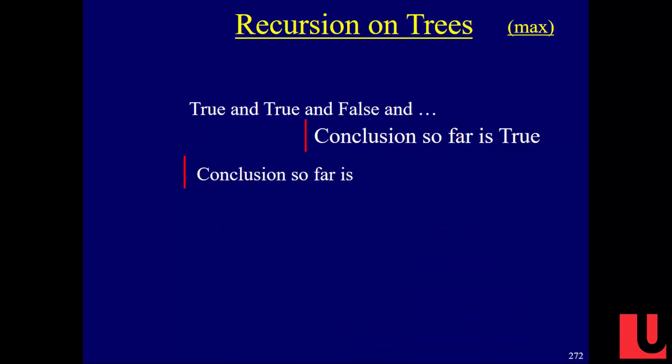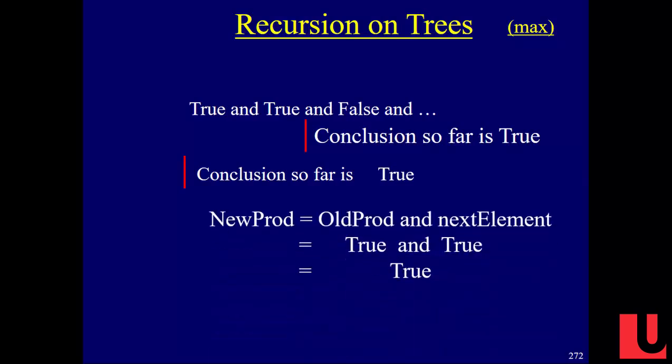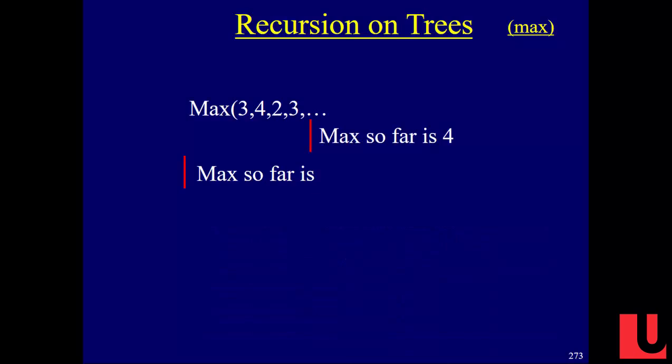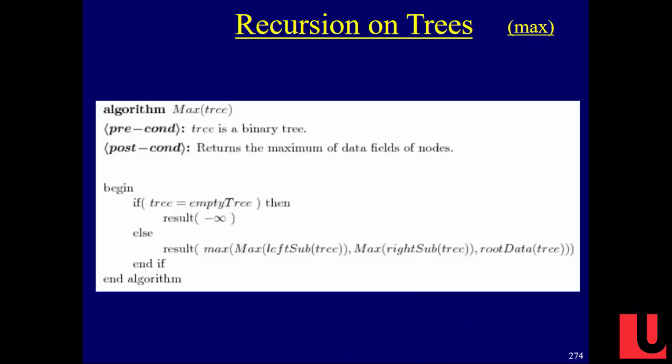If you're doing and, you better start with true or else you're going to be false forever. If you're doing max, then I prefer negative infinity. Why? Well, 0 works if all your numbers are positive, but if your first number is negative 5, then negative infinity helps you move to negative 5. Everybody good with that? This is what I have the code look like.